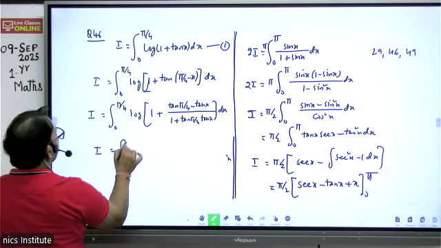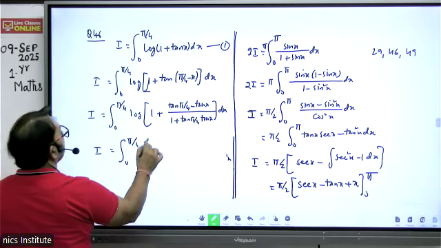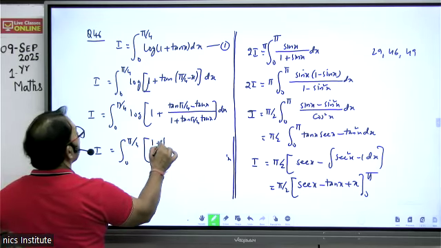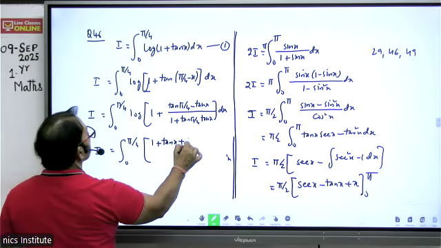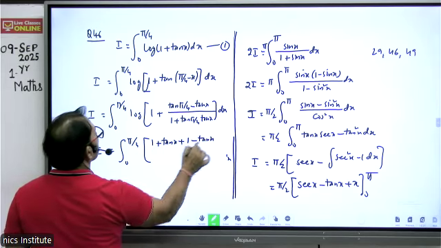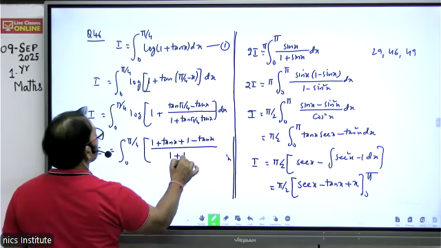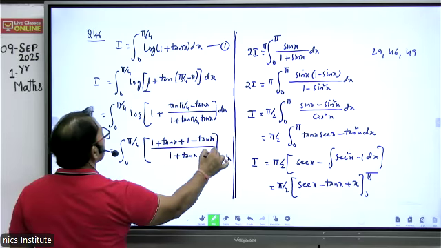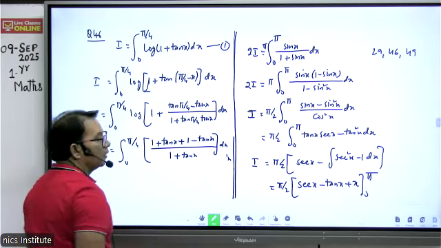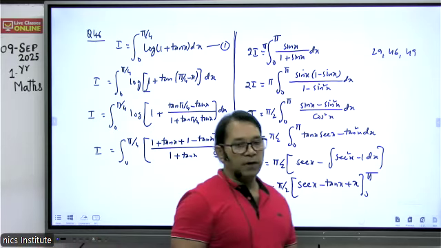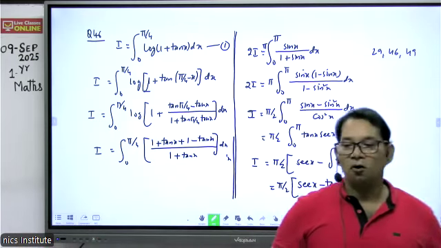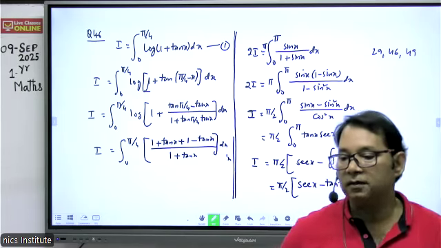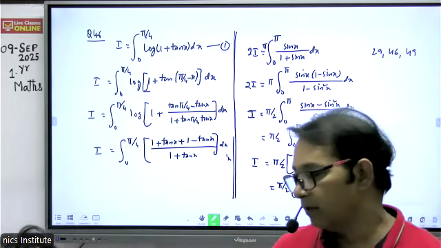Zero to pi by 4. Take LCM after substituting tan pi by 4 as 1. Then if you want, you can use the property of log also: log a by b is log a minus log b.